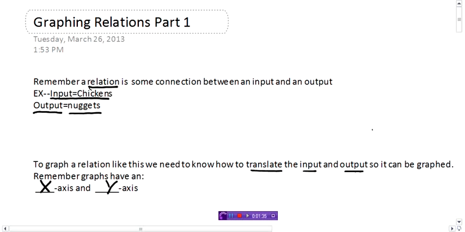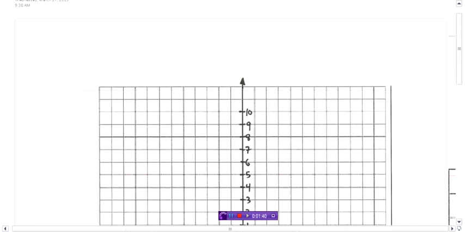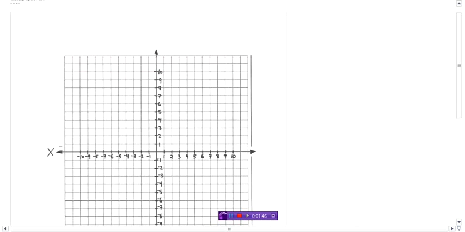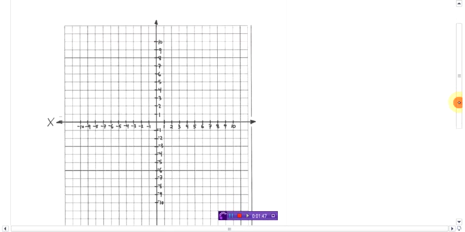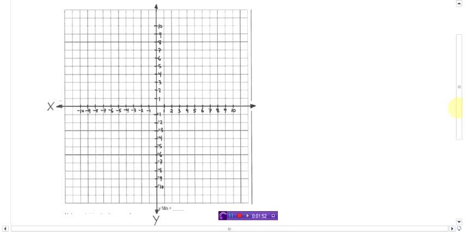To refresh your memory on what a graph looks like, let's take a look at a graph here that I have, and I may have given this to you to work on. Don't know if I did or not. So here's a typical full graph.